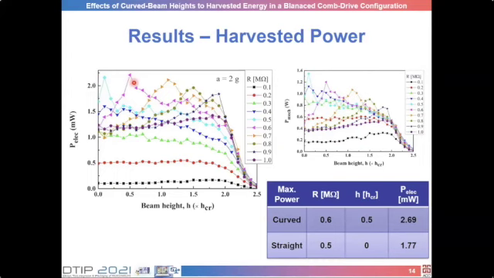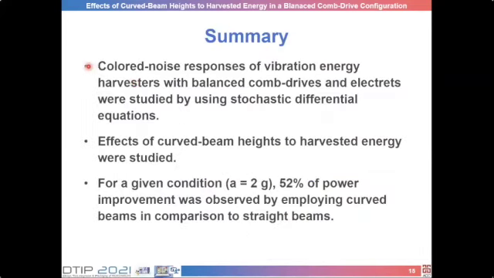As a summary, colored noise responses of vibration energy harvesters with balanced comb drives and electrets were studied using stochastic differential equations. Effects of curved beam heights on harvested energy were studied.